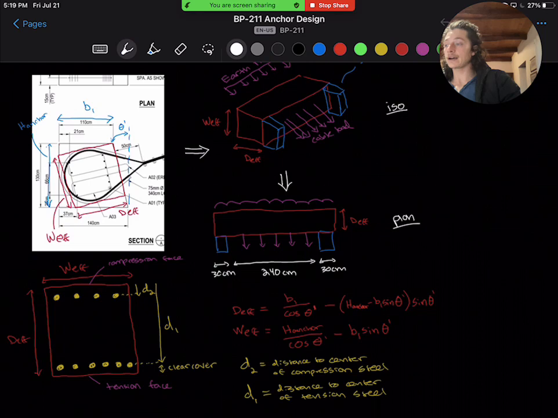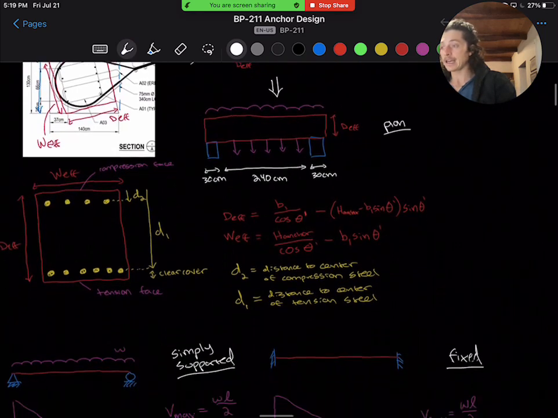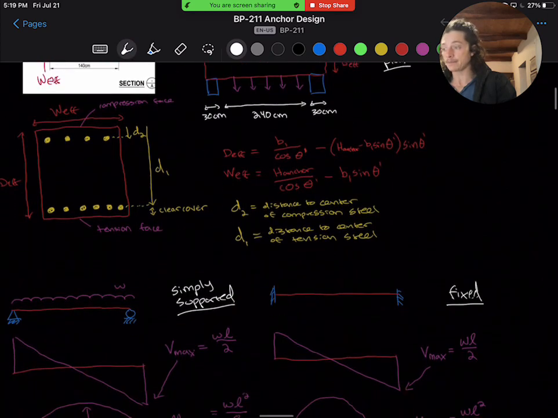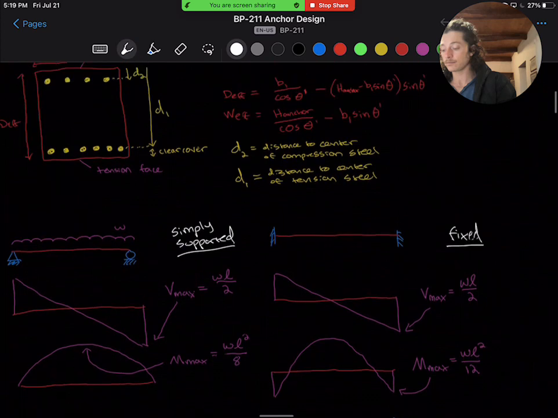And while setting up the loads, we have two options. We can approximate the anchor as a simply supported beam or as a fixed end beam. Both with a uniformly distributed load, W, that is the combination of our earth pressure and cable forces.